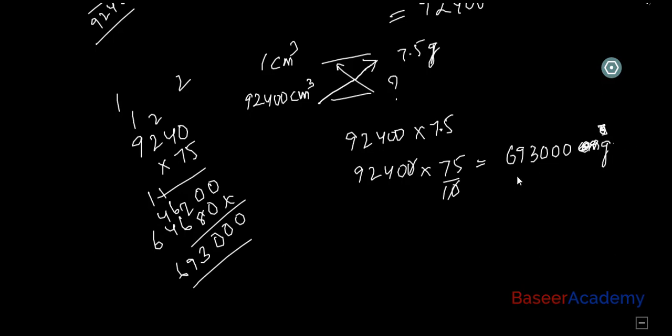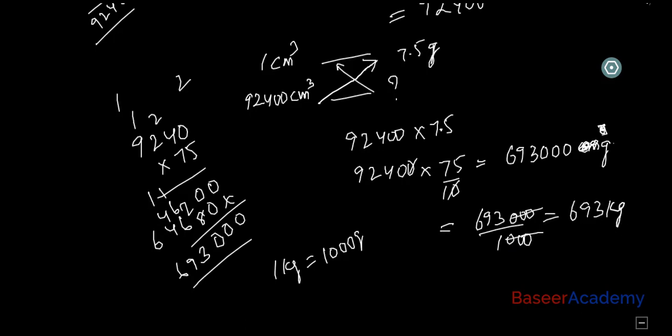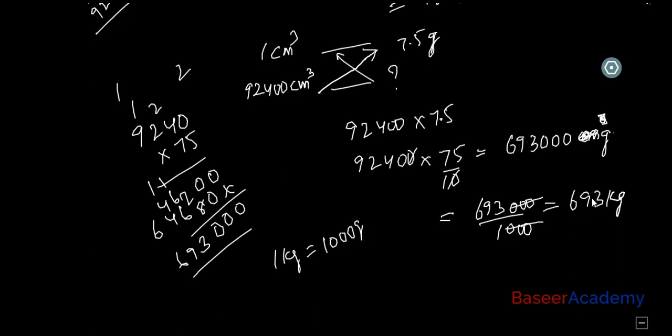That is the weight. If we have to convert this weight into kg, we have to divide by 1000 because 1 kg is 1000 grams. These three zeros and these three zeros get cancelled. I get the weight of the pillar as 693 kgs.